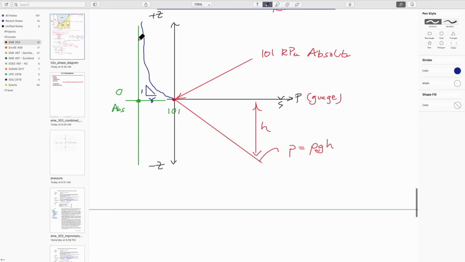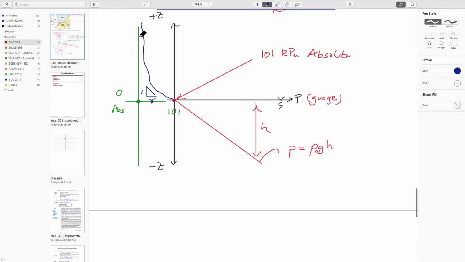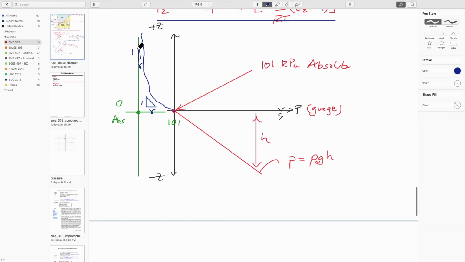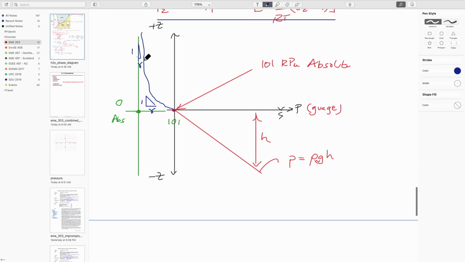And at great elevations, it'll be almost a straight line. It'll be something like this. It's exaggerating a little bit. And so you can rationalize that at very high elevations, the unit weight of this fluid, a gas in this particular case, is very small.